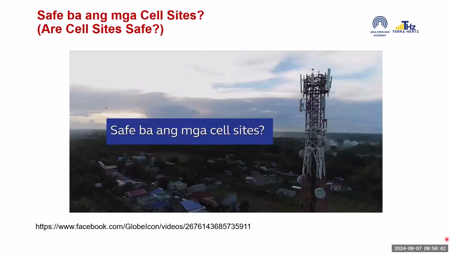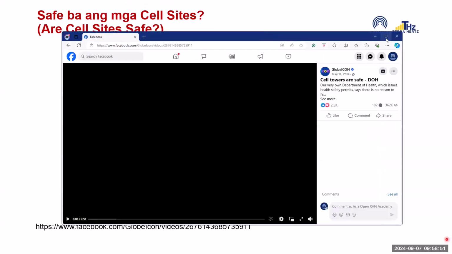I will show you a video from Globe and DOH. I hope you can see the screen. I will also share the link, so you can share it with people who have worries about cell sites around us. If we cannot build, you're suffering from low signal level, and you're so annoyed because there's no signal, and then somebody from your village is opposing the building of cell sites.